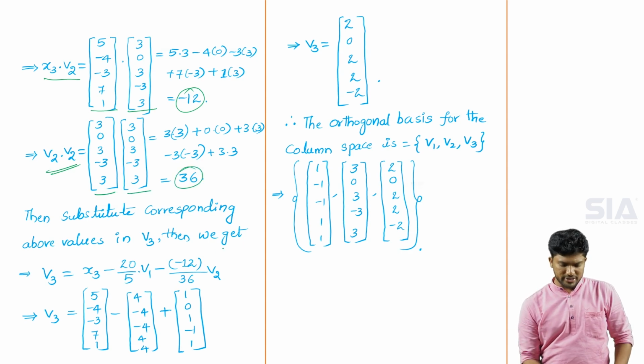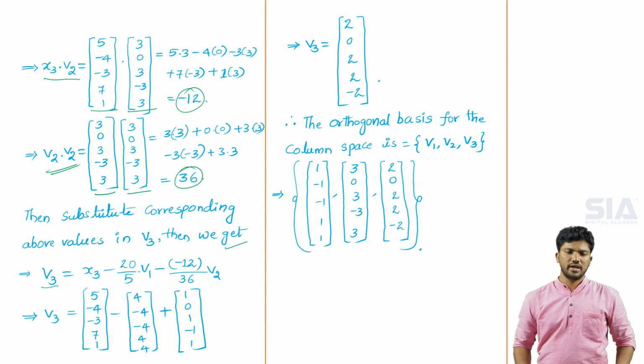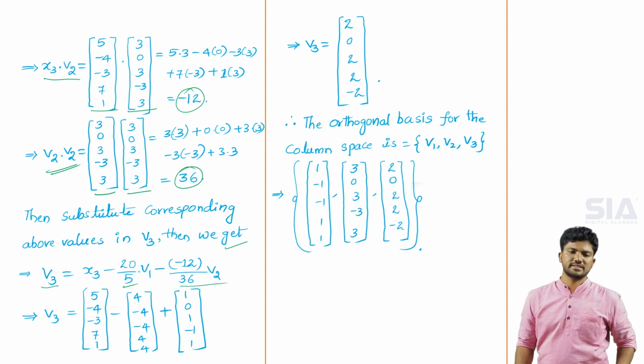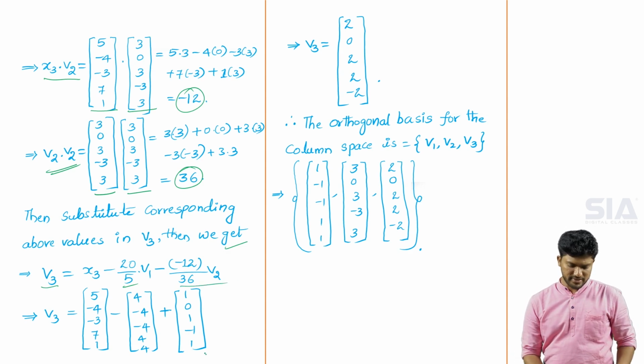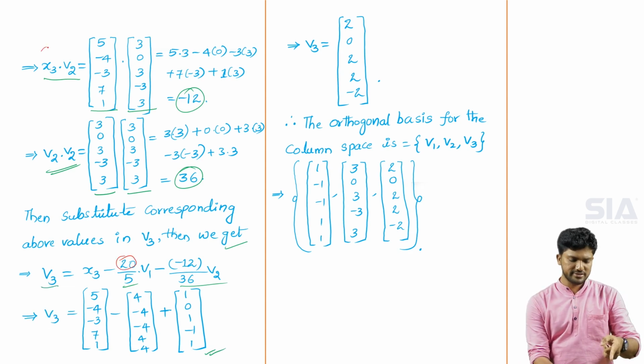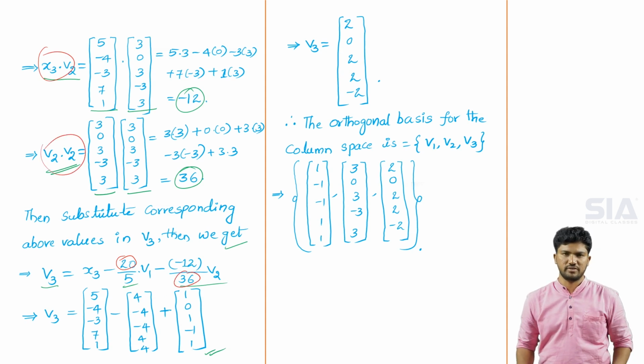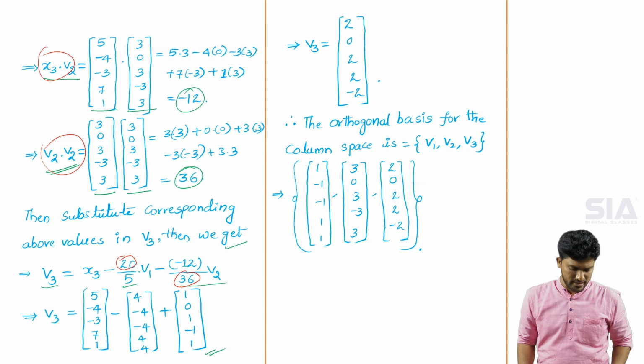Then substitute the corresponding values in V3, then we get V3 is equal to x3 minus 25 by 5 into V1 minus 12 by 36 into V2. So therefore V3 is equal to, here we just substituted the obtained values in the equation of V3.